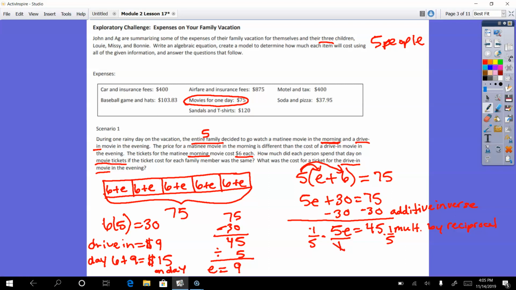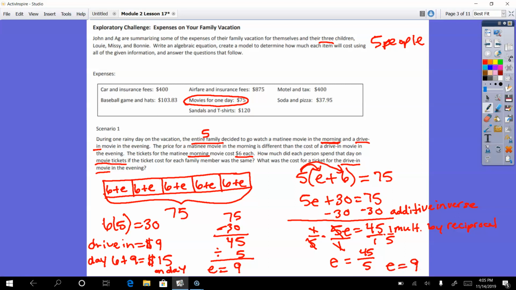Because 1 goes into 1, that will cross simplify. This will cross simplify down to 1, leaving me with just E is equal to 45 times 1 is 45. And 1 times 5 is 5. So E is equal to 9.